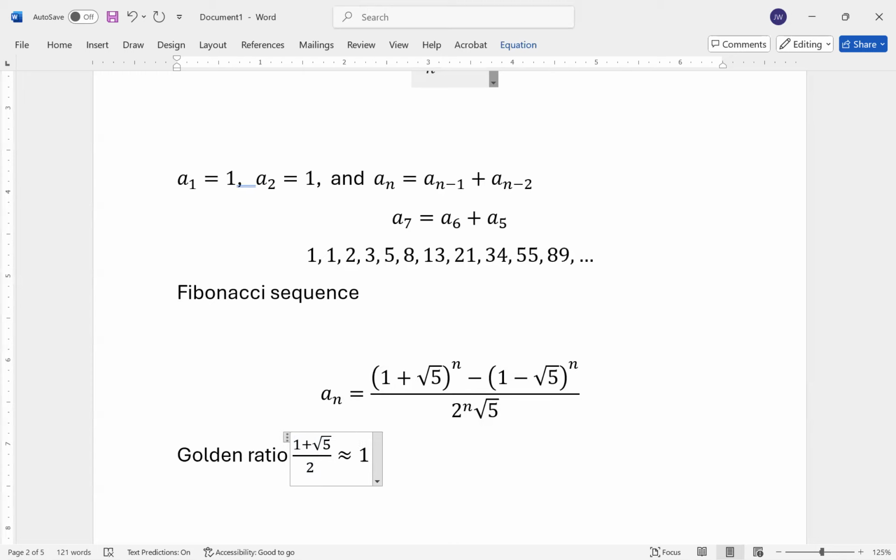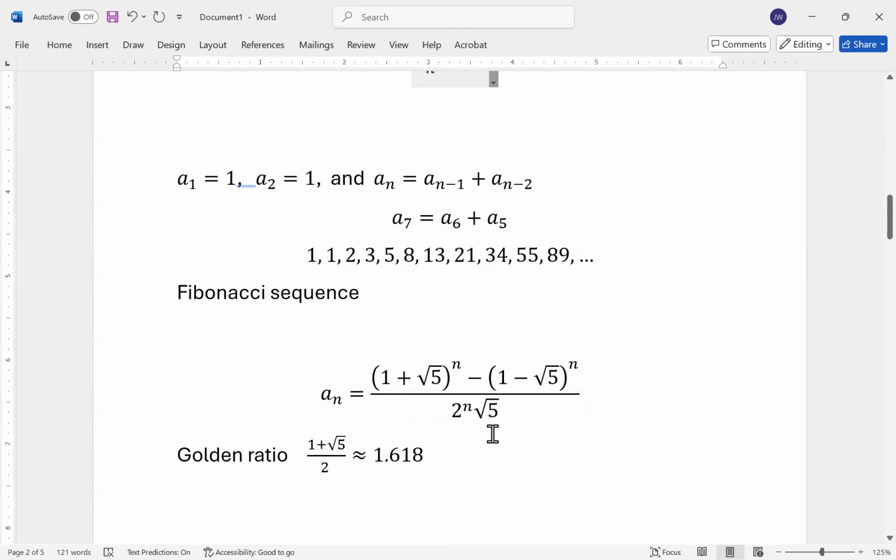I'll go 1.618 is what I'll write down. Okay. So that's the golden ratio, and it's sitting inside of the Fibonacci sequence. This is a really, again, well-known sequence.